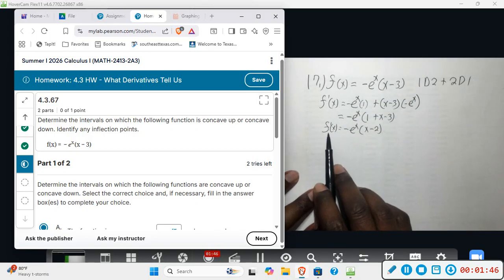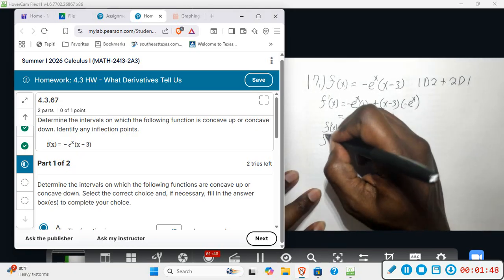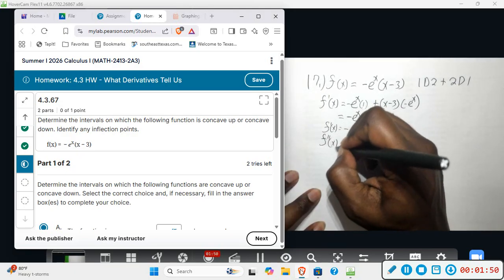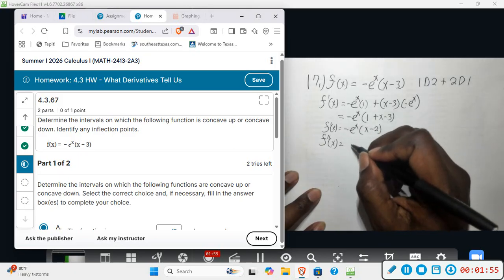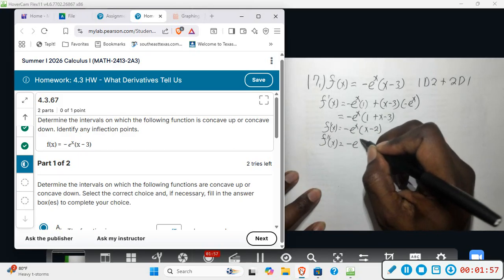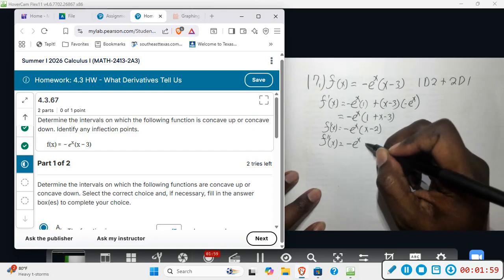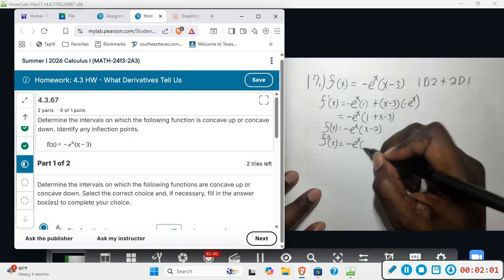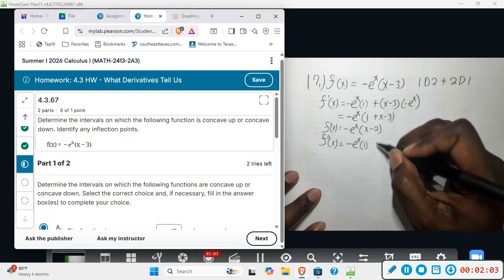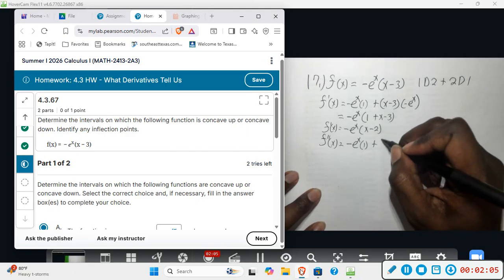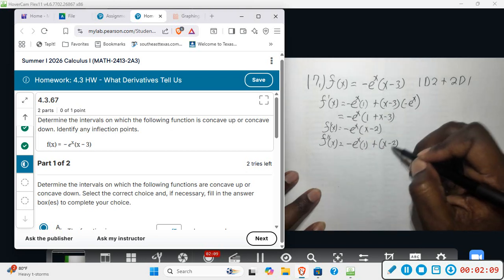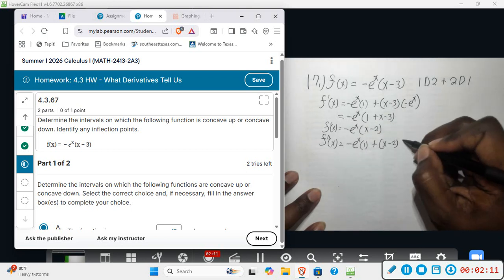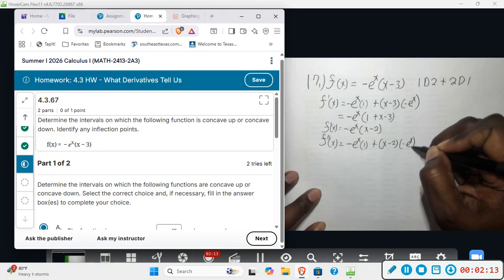And then we'll find the derivative of this, so f double prime. Same thing, product rule. 1d2, 2d1, so negative e to the x times the derivative of this one, which would just be 1 again, plus the second function times the derivative of the first, which would be negative e to the x.